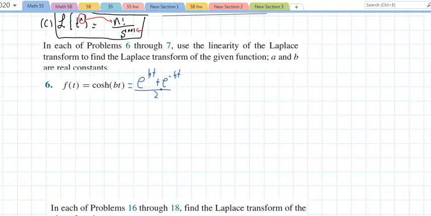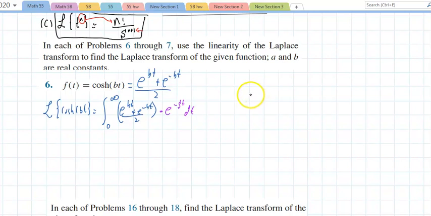Well, if I apply the Laplace on the hyperbolic cosine of bt, that would be the integral from 0 to infinity of e to the bt plus e to the negative bt divided by 2, whatever the function is, multiplied by e to the negative st dt. Let me work downwards.